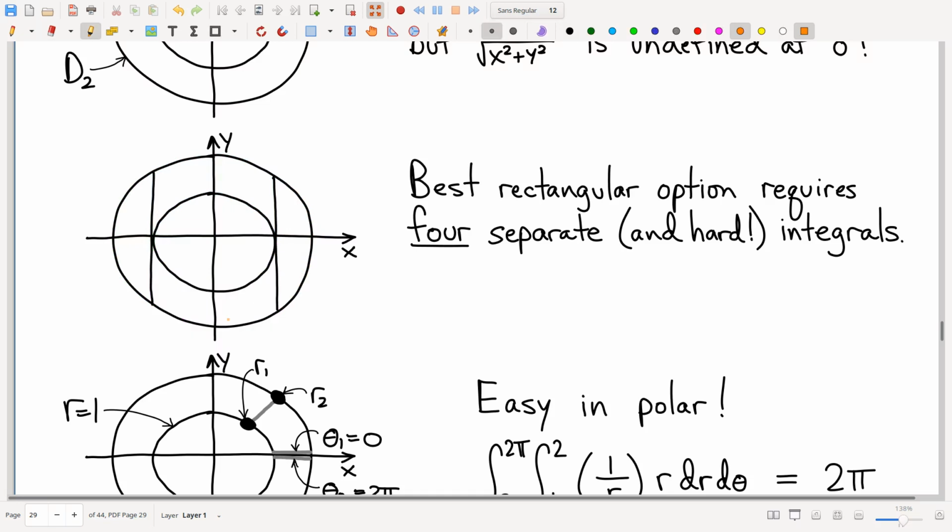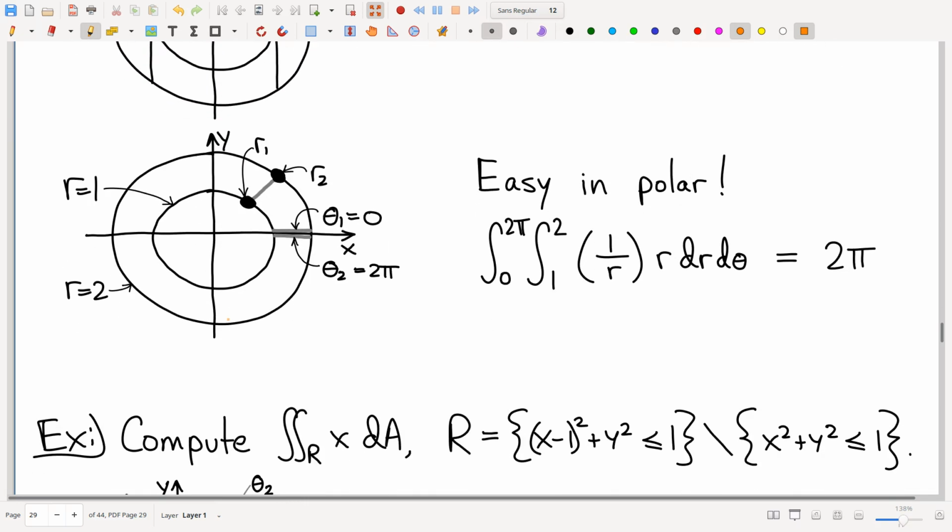Okay. Look how easy it is in polar coordinates. Nothing to it. Theta just goes all the way around, 0 to 2 pi, just like another example we already saw. And then you fix a value of theta. It looks like r is going to start at that point, which is on that curve, which has that equation.